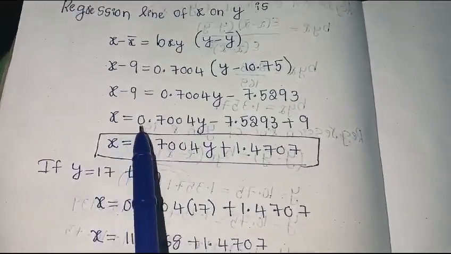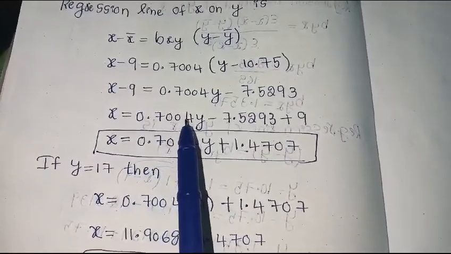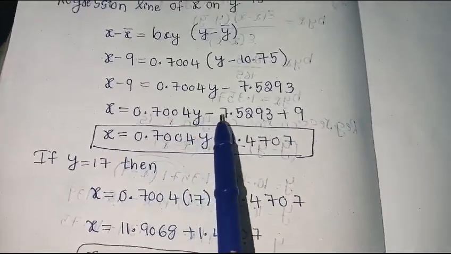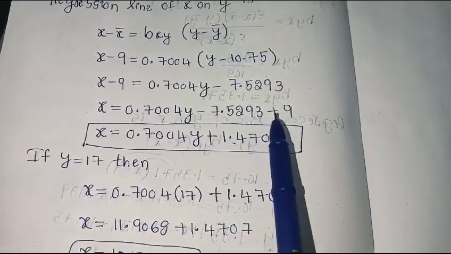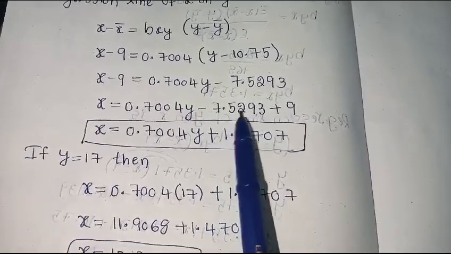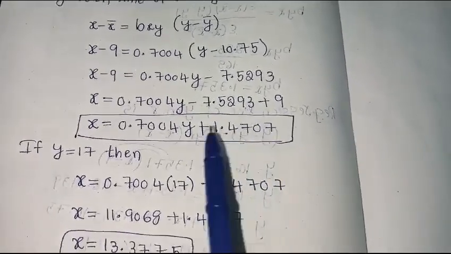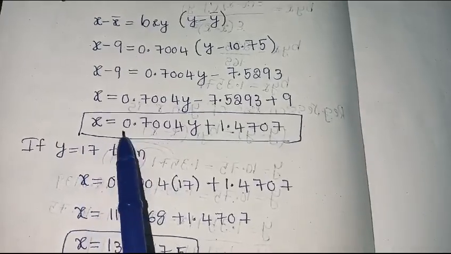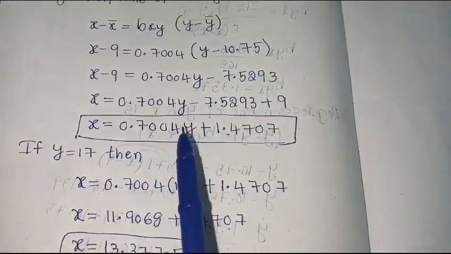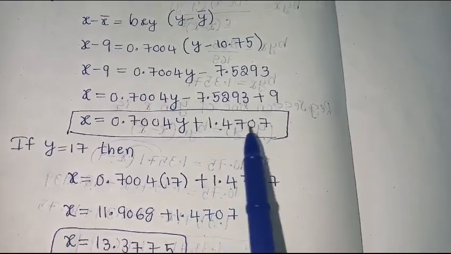Therefore x is equal to 0.7004 into y minus 7.5293 plus 9. The value of minus 7.5293 plus 9 is plus 1.4707. Therefore x is equal to 0.7004 into y plus 1.4707.